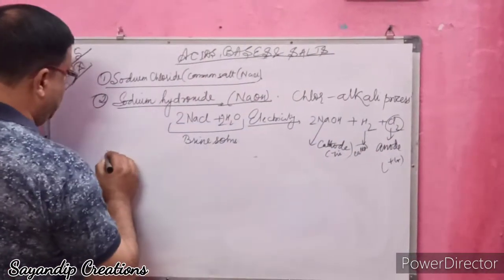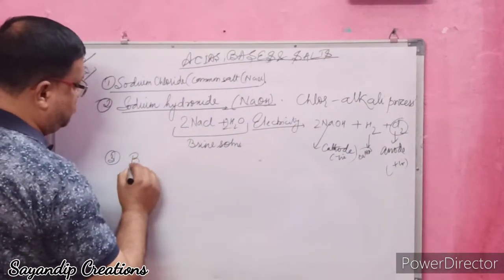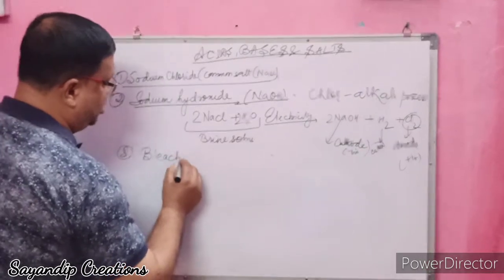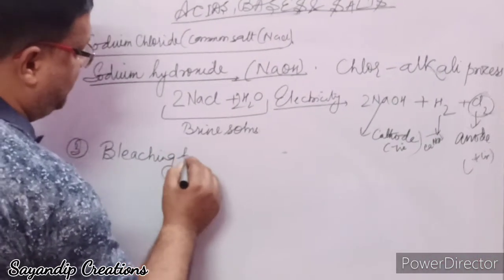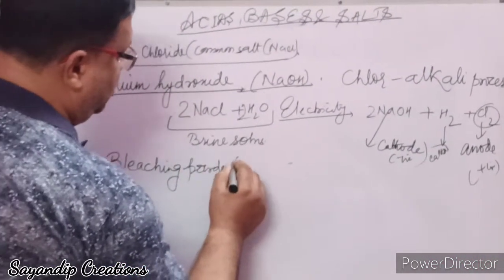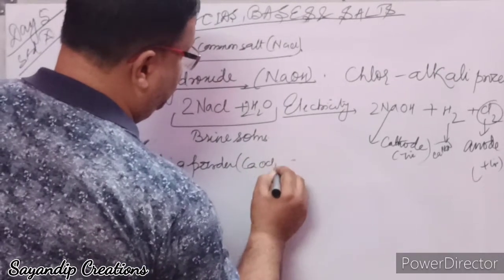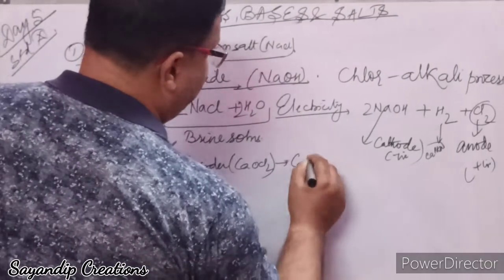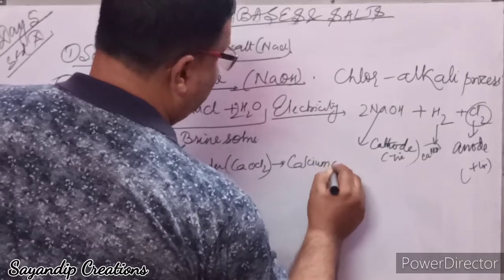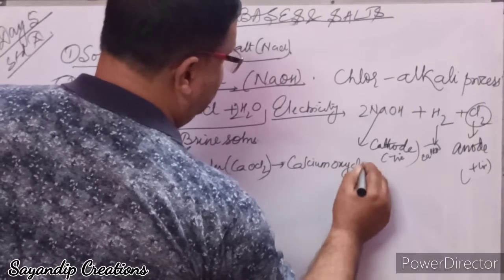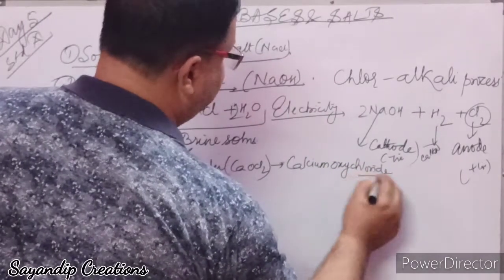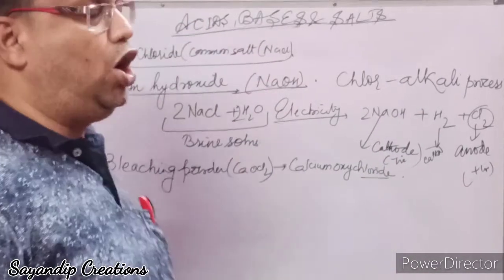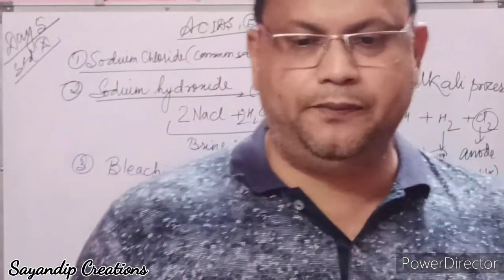The third substance is bleaching powder, CaOCl2. It is also called calcium oxychloride. How is this bleaching powder formed?